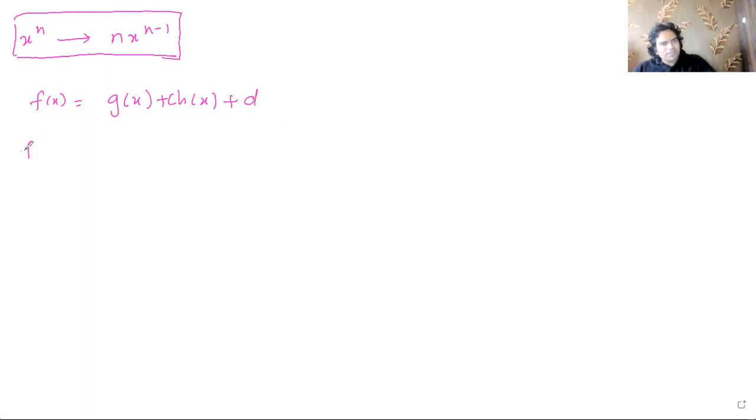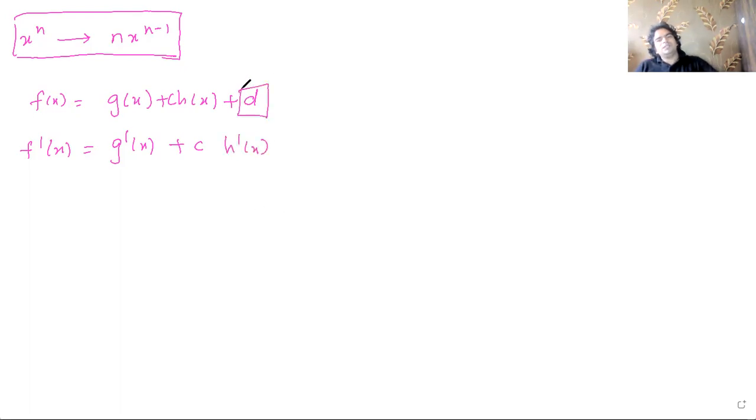If I differentiate this, f dash x will be the derivative of the first function, c times g dash x, plus d times h dash x. The constants you don't touch. If a constant is with a function, you don't touch that.